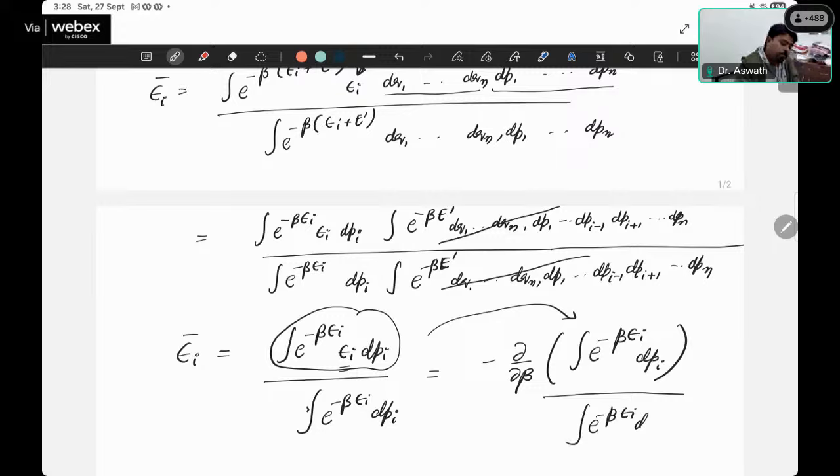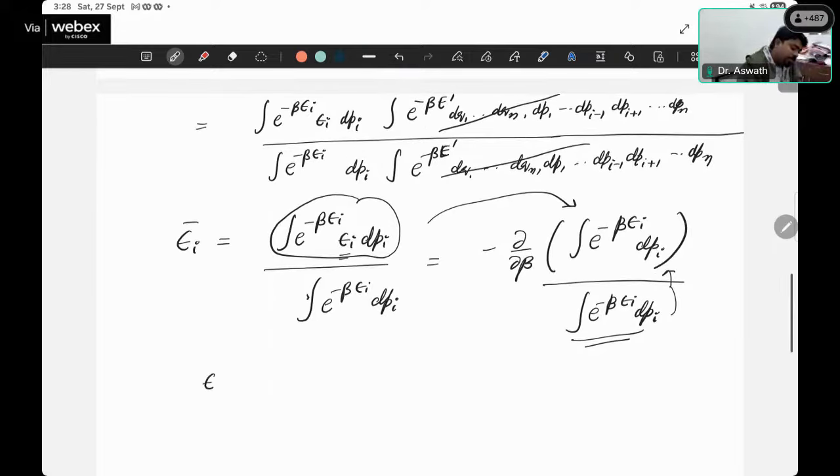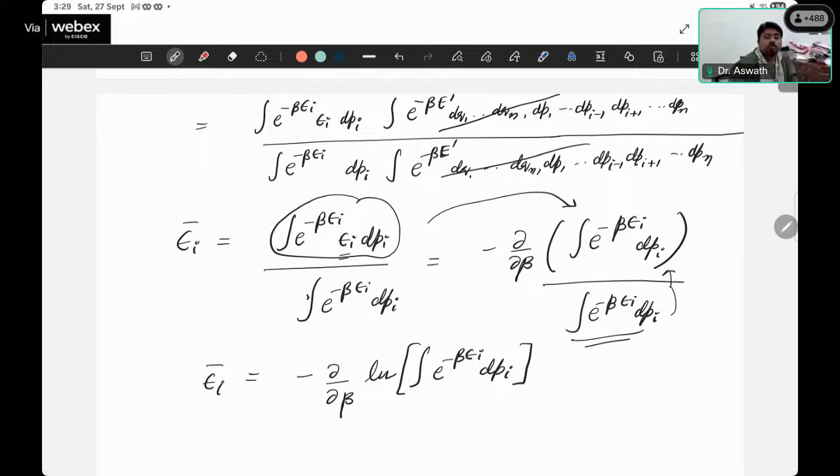Again I will play the same trick as yesterday: the entire expression is the derivative of the log of the integral of exponential minus beta E_i dp_i.